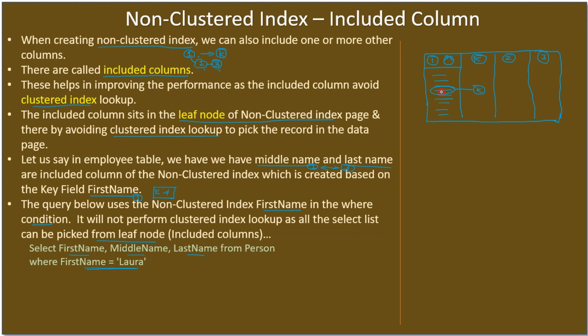The search is based on this first name, so we have that in the leaf node. And as part of the included columns, we get middle name as well as last name. So there is no need to go for a primary key lookup again. Whatever columns we need are available in the non-clustered index leaf node itself.